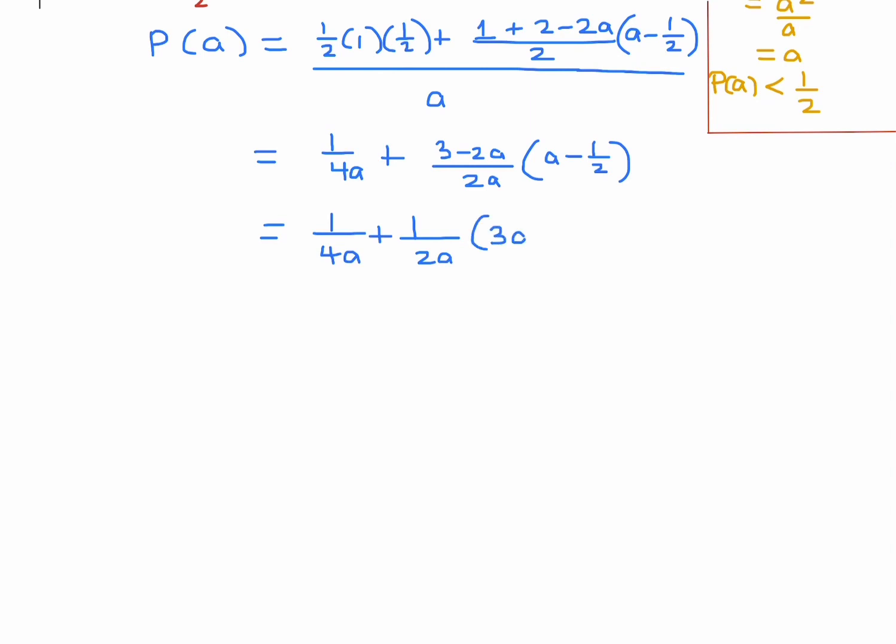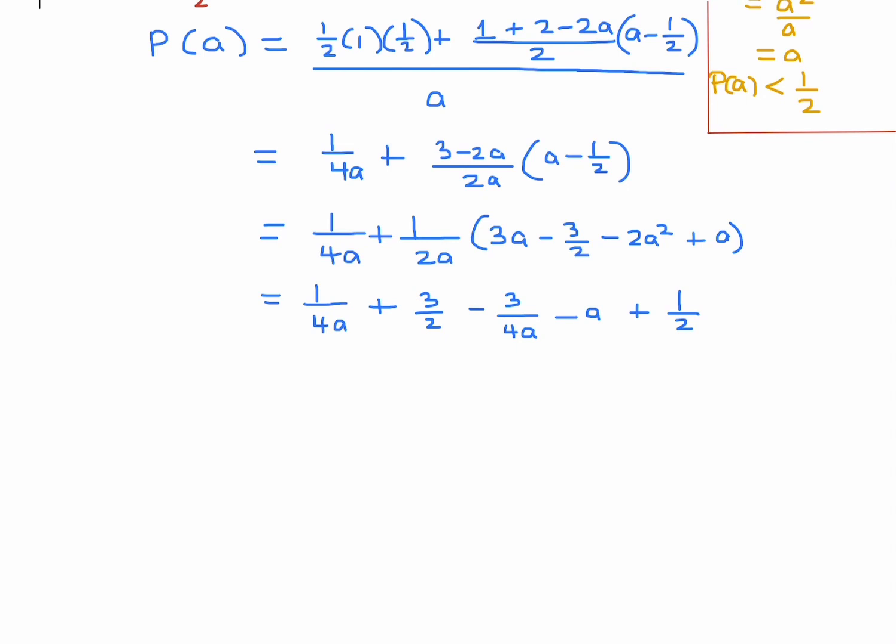I'm going to put the 1 over 2A out here and just multiply what's remaining. So that's going to be 3A minus 3 over 2 minus 2A squared plus, it looks like, A. Okay, so we've got 1 over 4A, and now let's use the multiplication of the fraction. So that's going to give me just 3 over 2 minus 3 over 4A, and then this looks like just minus A, and that's just plus 1/2.